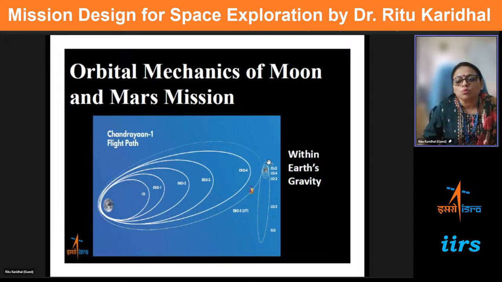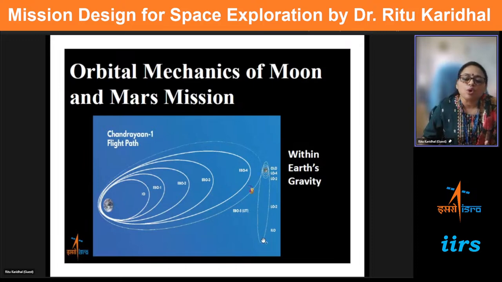It goes and gets captured, because we know the force of gravity is always an attraction force. A body always attracts the other body. So the force of attraction between the moon and the satellite gets it attracted by the moon, and it captures it. We are capturing it in the moon's orbit. It gets captured into the gravity well of the moon, and then it starts revolving around the moon.